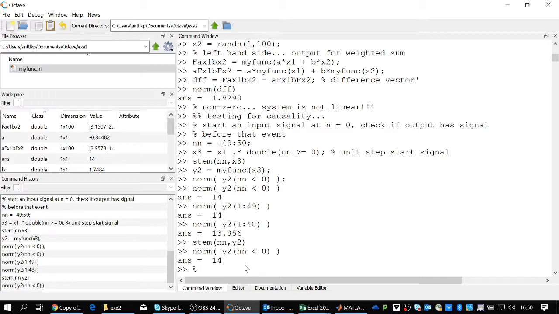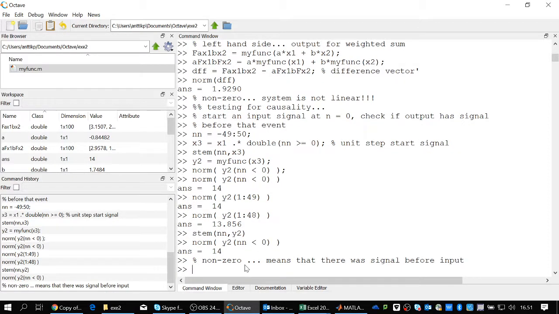So this is non-zero. Even without any action, there was reaction.